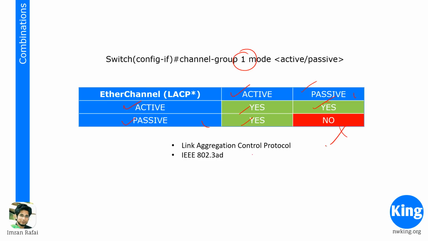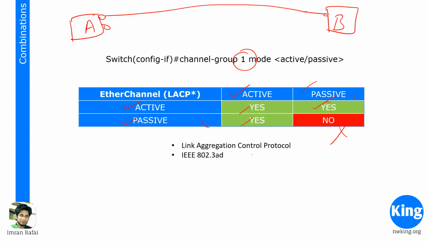Now, can you use one side, let's say you have switch A and switch B, and you have two links. Can you use active here and auto here, or desirable here? Well, absolutely not.